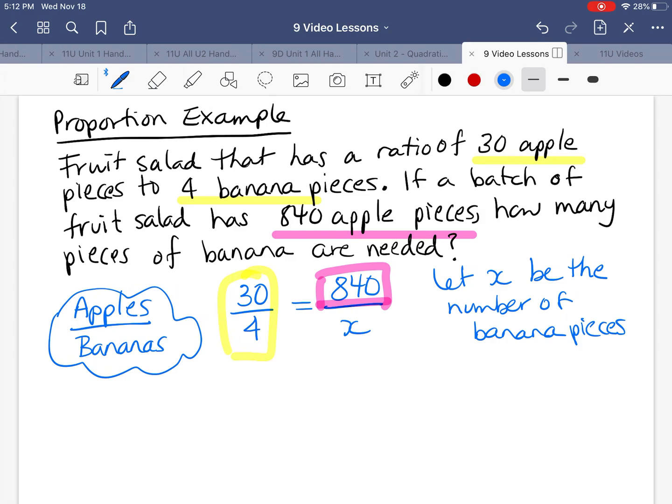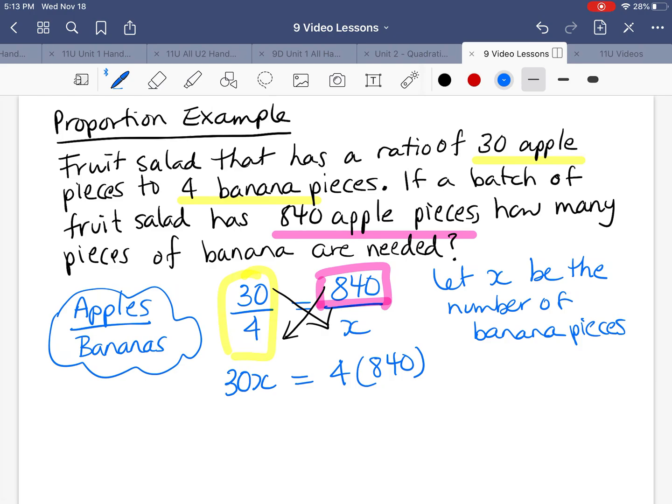Now what we're going to do is some cross multiplication, or multiplying on the diagonal. So I can actually write this as 30 times X is equal to 4 times 840. So this is just a shortcut.